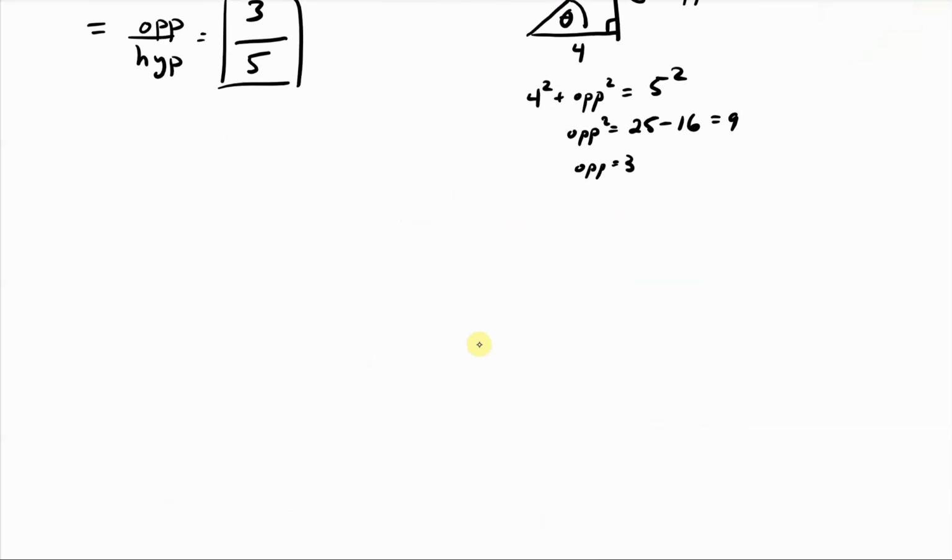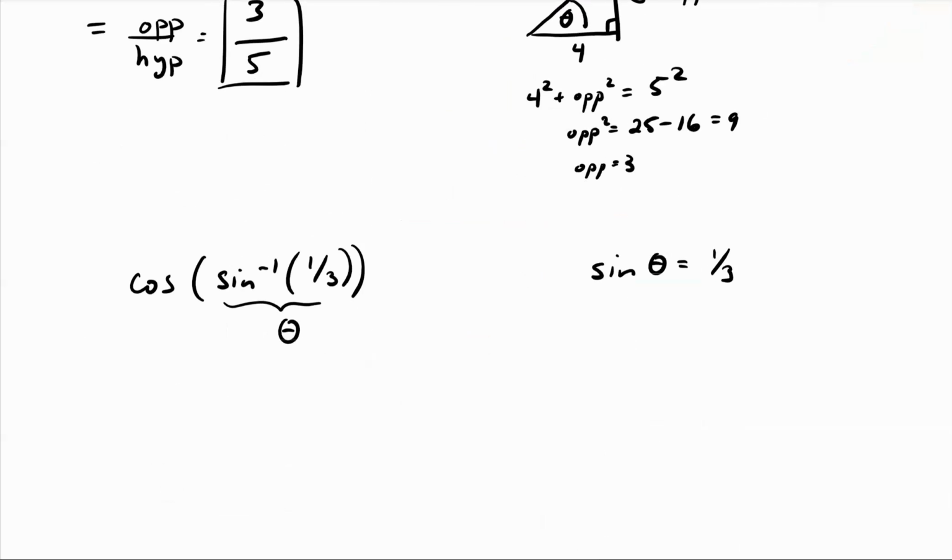And last example, cos of sine inverse of 1/3. So this is again some theta. We're looking for cos of theta, where sine of theta is 1/3.